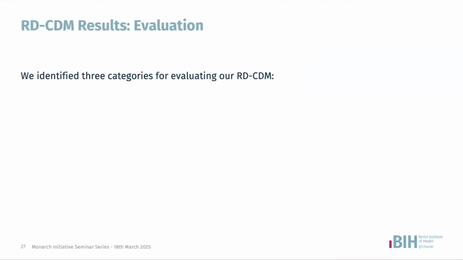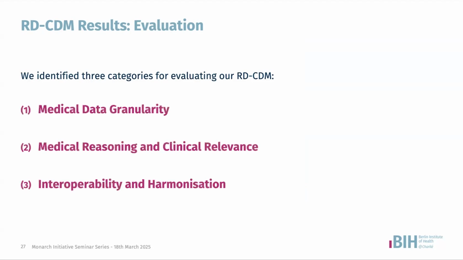We identified three categories for evaluating our rare disease common data model, which, from the clinical perspective, I found most interesting. We have a data model, but we wanted to put it in context before publishing, and also for us to know what we actually developed, how we can proceed in the future, and what the difficulties were.